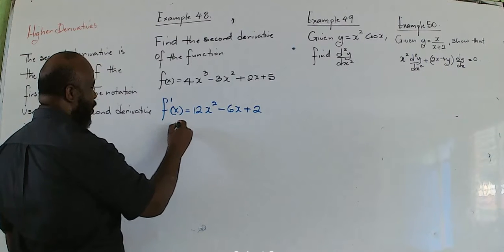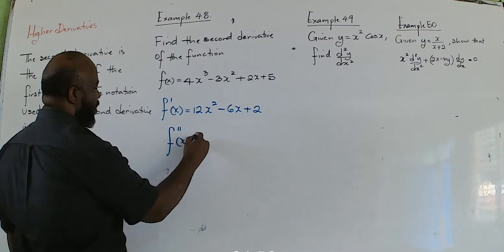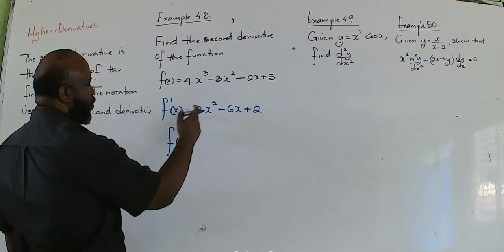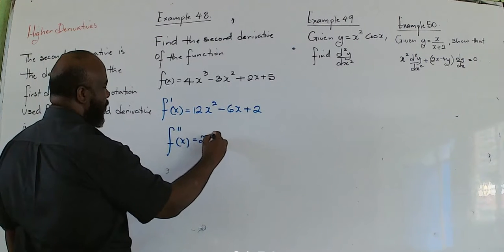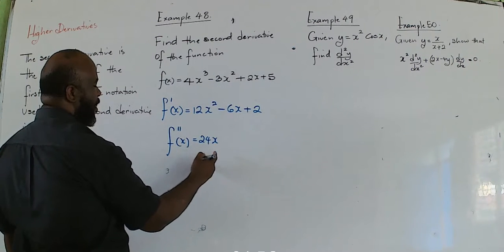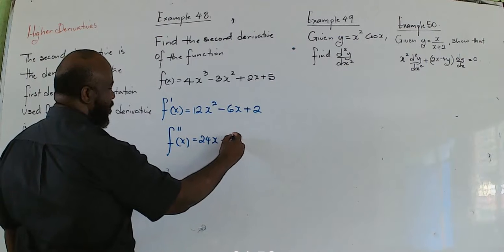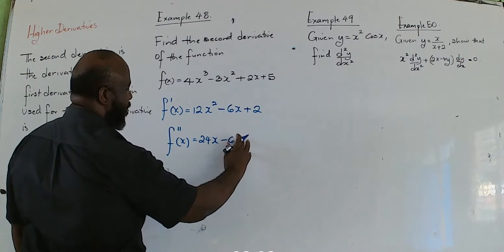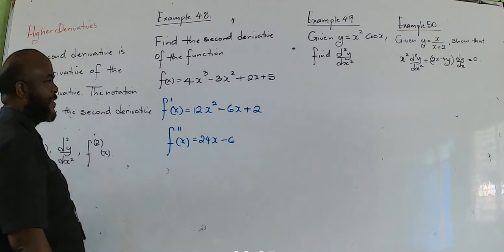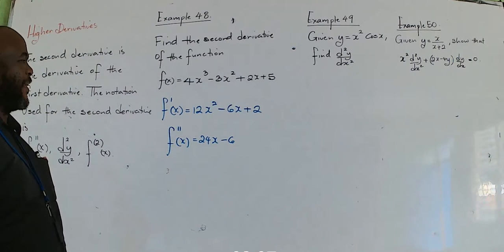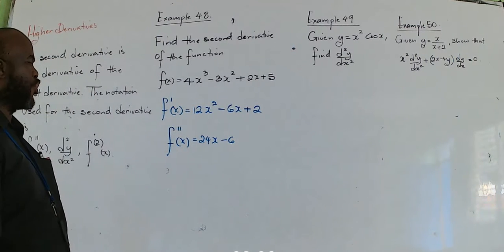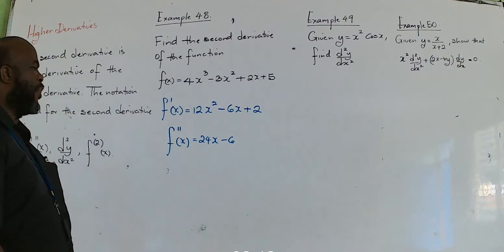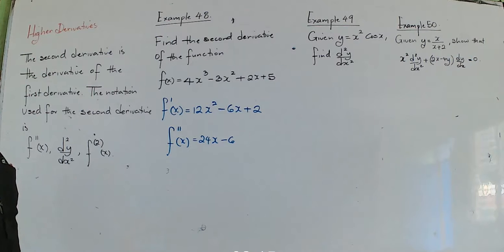So f double prime of x is equal to 2 times 12, 24 x. You decrease the power by 1, it becomes 1. Minus 6x, minus 6. Alright, when you differentiate 6x, you get 6. And then lastly, when you differentiate 2, you get 0. So the second derivative is 24x minus 6.